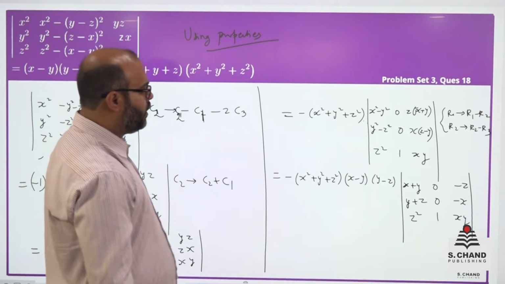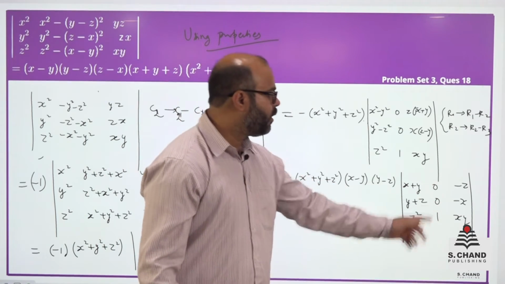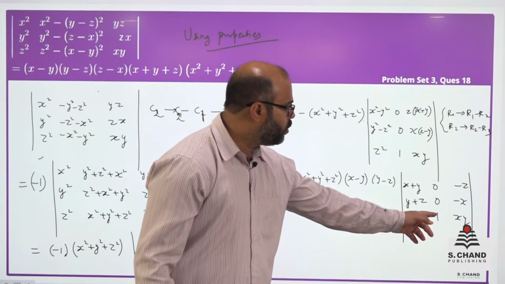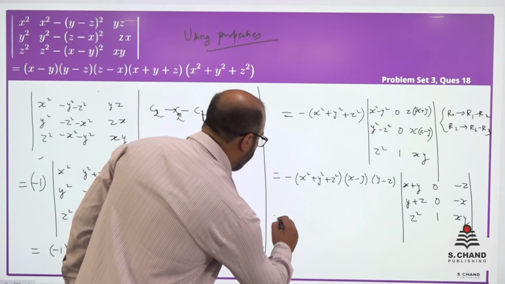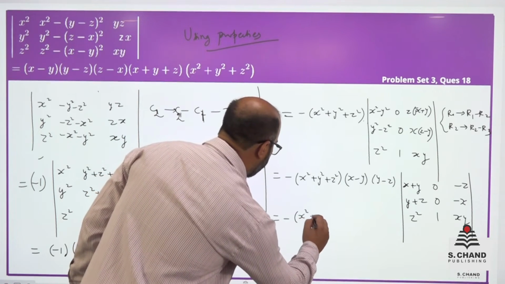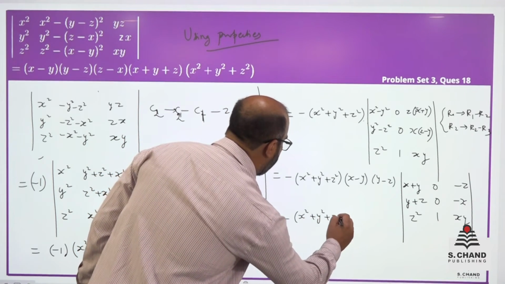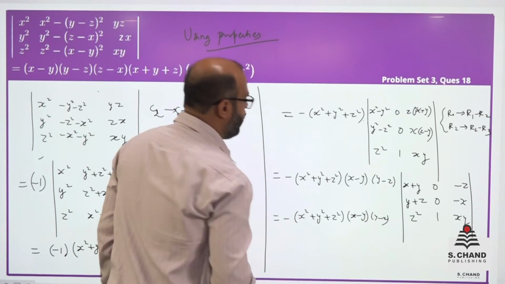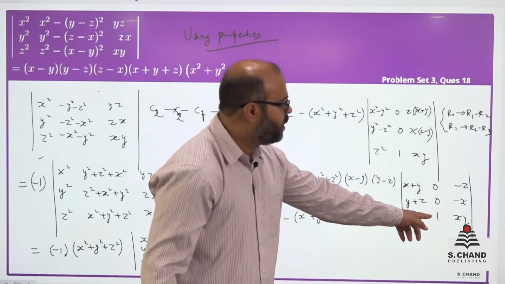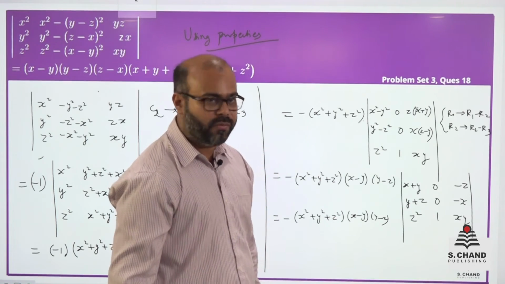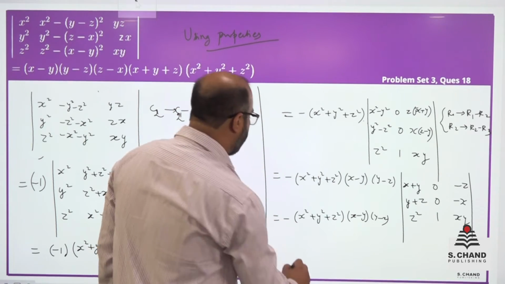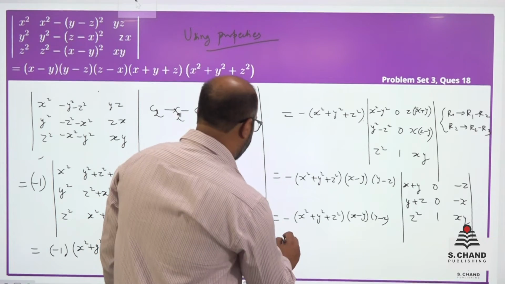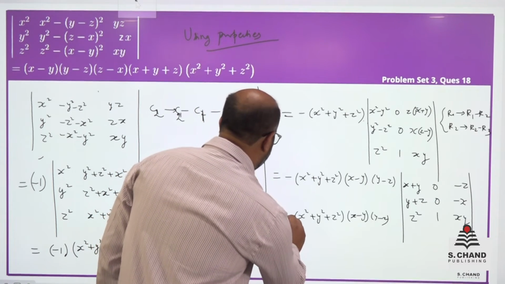Now we can expand about this second column. So this is 0, this is 0, 1 is only there. So minus x square plus y square plus z square, x minus y, y minus z into, this will be third row, second column, so minus 1 to the power 5. Minus minus will be actually plus, right?